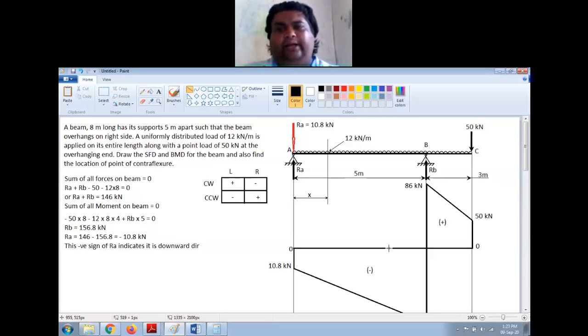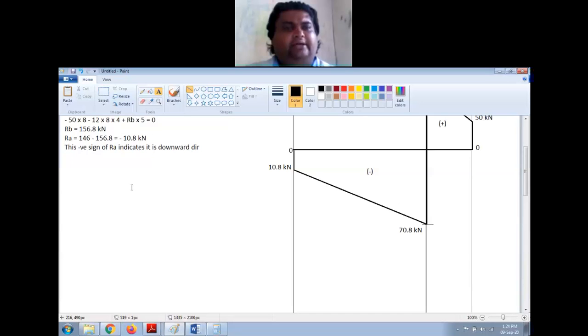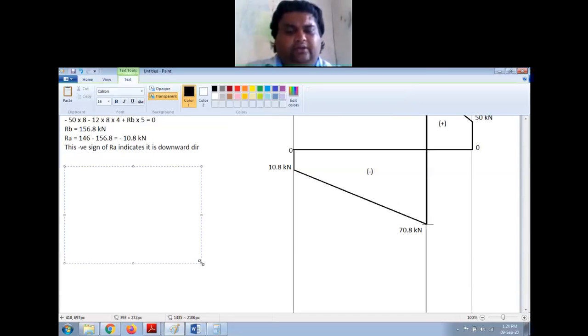So let us try to find the bending moment. The bending moment at this end A and this end C will be equal to 0 because they are the free ends, right? So the bending moment is always 0 for such points. So I can directly write that BM at A is equal to BM at C is equal to 0.